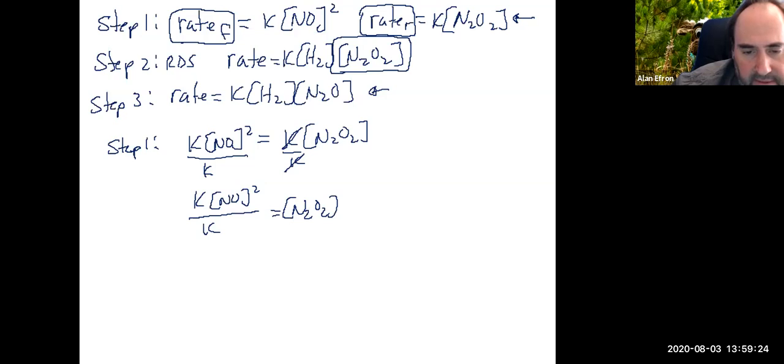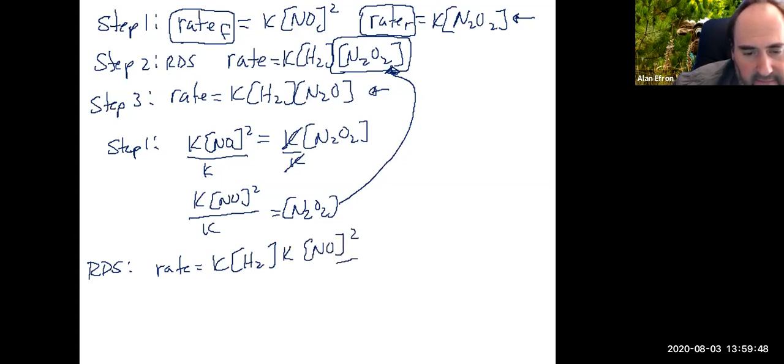This now is something that we can take and substitute into our slow step. If we do that, now our RDS rate law will look like the rate equals K times H2 times K NO squared divided by K.